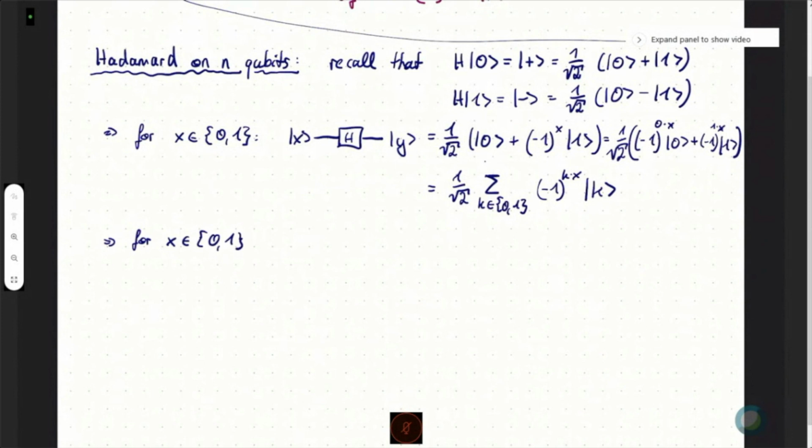So for the n-qubit basis states, so for all states in 0, 1 to the power n, so for all the bit strings that we have.